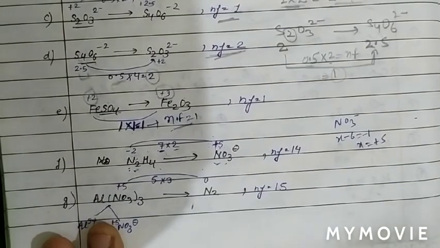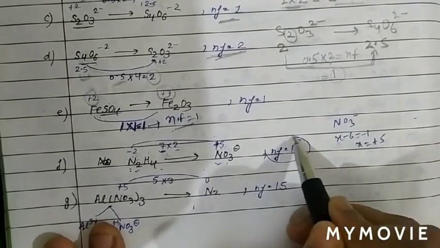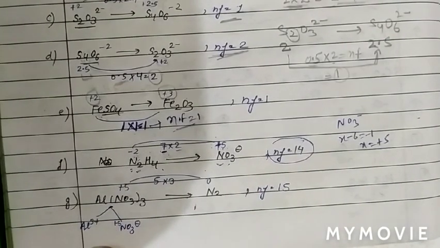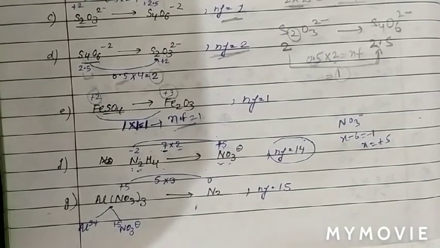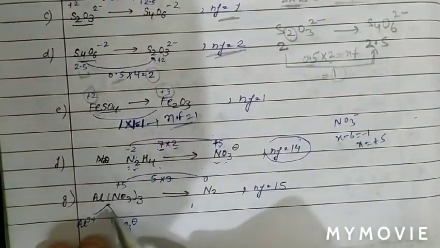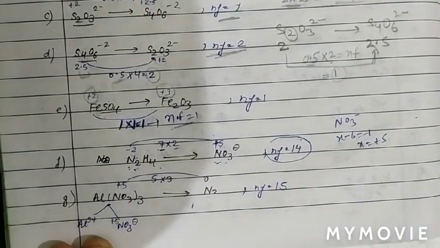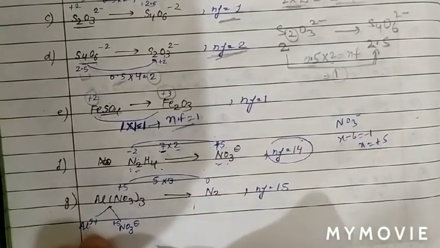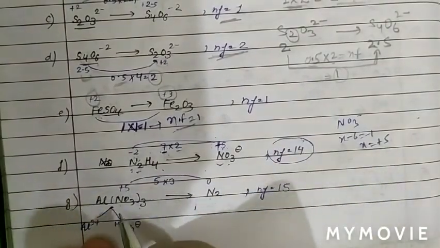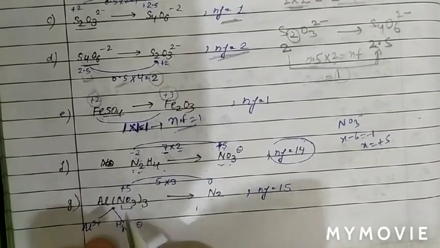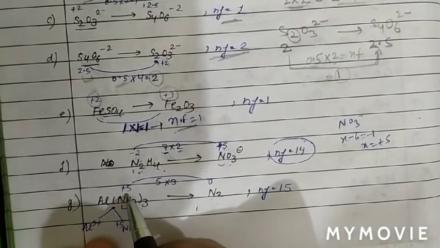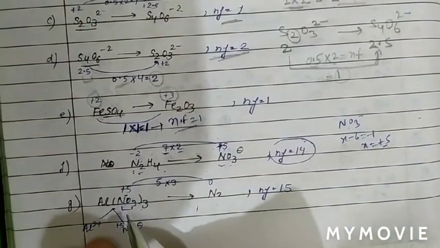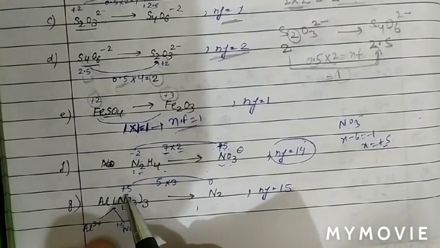Now see the next question. In the next question, Al(NO3)3 changes into N2. In this reaction, we know only the oxidation state of nitrogen changes. In NO3-, the oxidation state of nitrogen is +5. N2 is in standard form, and in standard form the oxidation state of an element is 0.